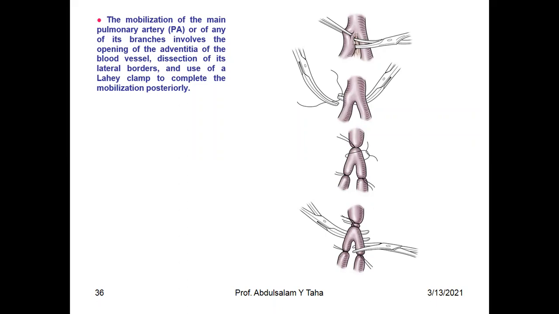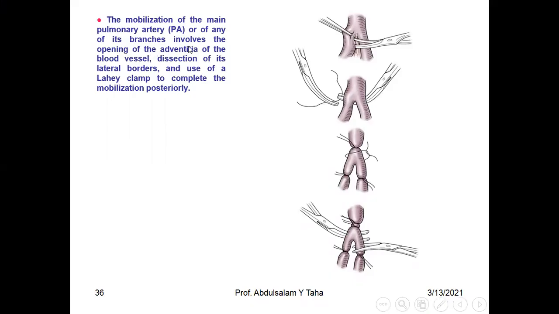So proximally, we have to put two ligatures or two suture ligatures, and the division should be done next to these two proximal ligatures. And here, as you can see, if we have a bifurcation, it is safer to perform the division before the bifurcation, because the presence of the bifurcation will minimize the possibility of slippage of the ligature.